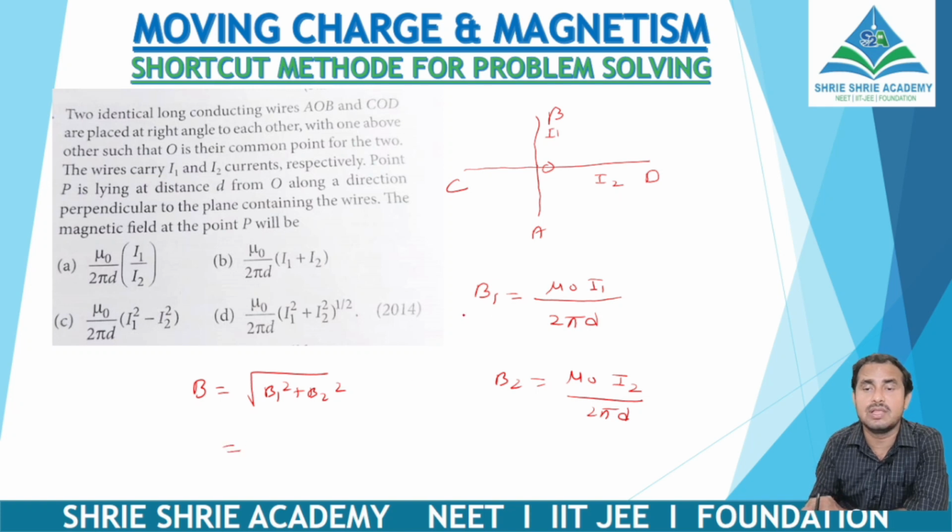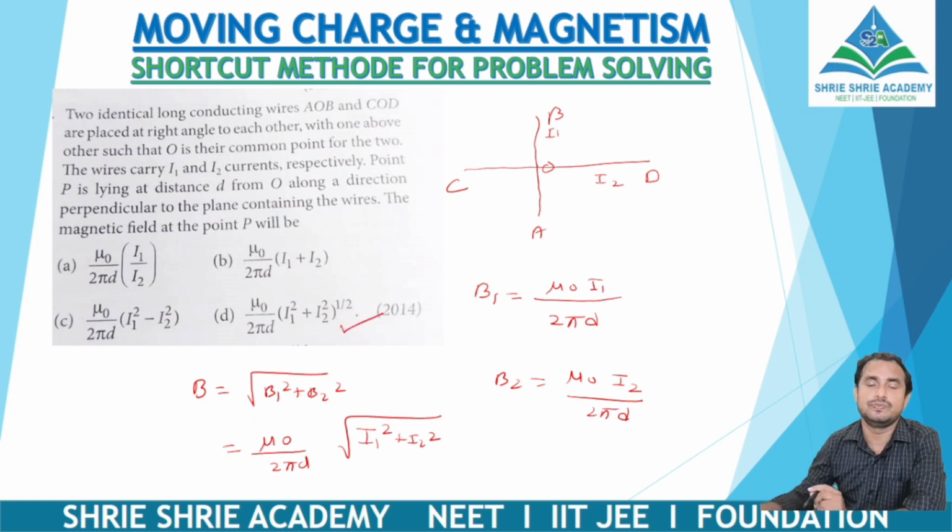If you square and add, mu naught by 2 pi d comes outside, and inside you are left with I1 square plus I2 square. So B equals mu naught by 2 pi d into I1 square plus I2 square to the power of 1 by 2.